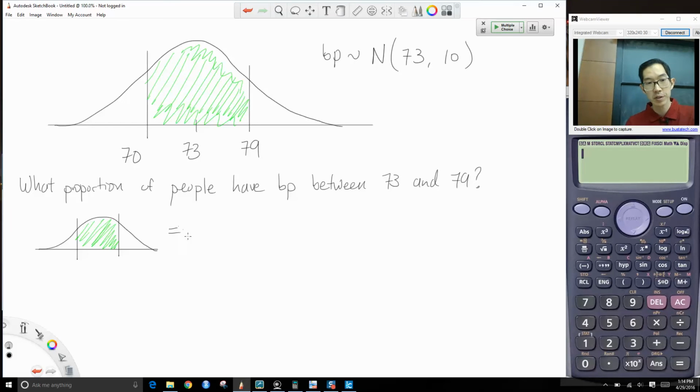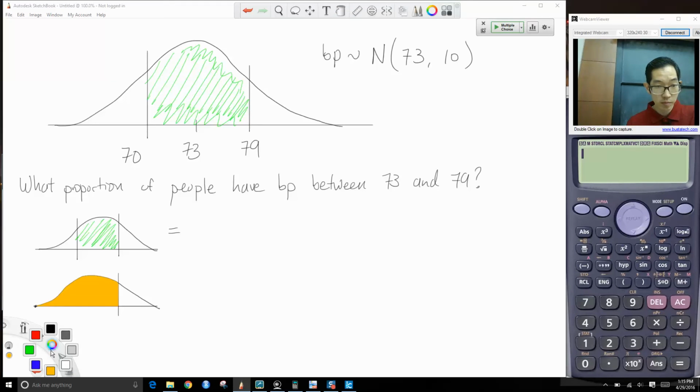We're going to say this is equal to, let's see if I can color this in, minus that piece.